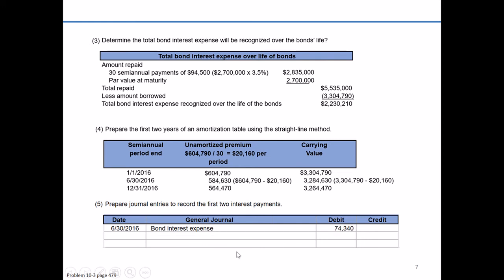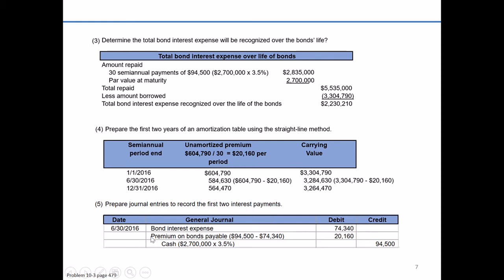$74,340. We debit an expense account to increase it, so we'll debit bond interest expense by $74,340. In step 2, we also identified that each cash payment is going to be $94,500, so we'll credit cash for $94,500. Also, in step 2, we identified that the amount of premium we're going to amortize each individual period is going to be $20,160.